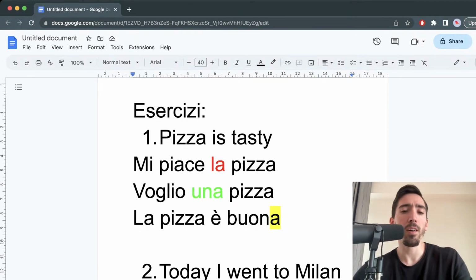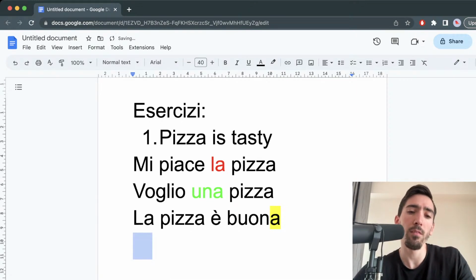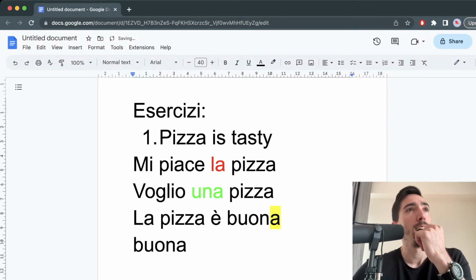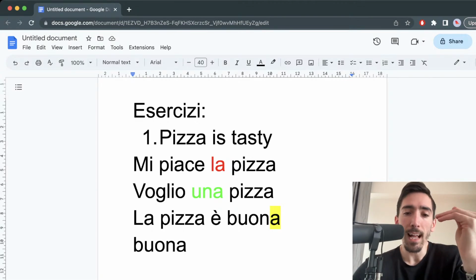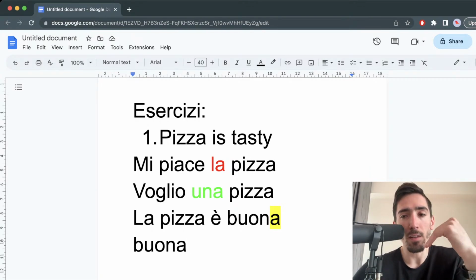The problem with buona is that the adjective buono in Italian has different meanings depending on context.